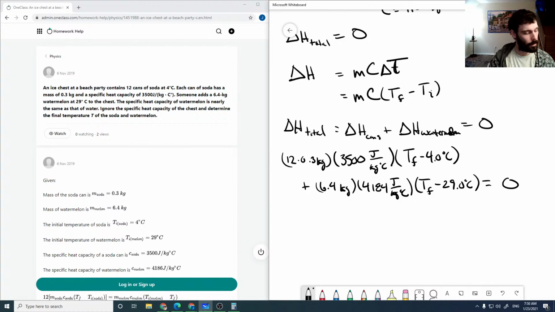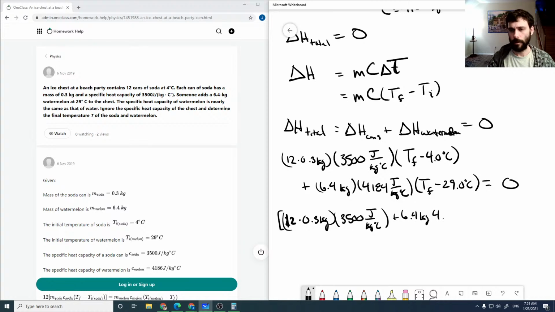So now we can collect terms in TF and move the rest to the other side. So this will be 12 times 0.3 kilograms times 3,500 joules per kilogram degrees Celsius plus 6.4 kilograms, 4184 joules per kilogram degrees Celsius, TF.